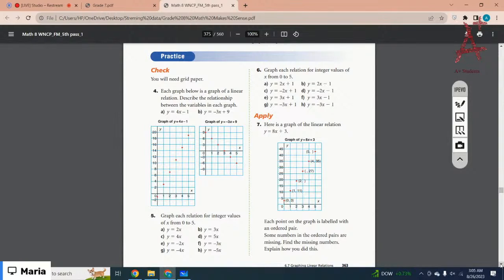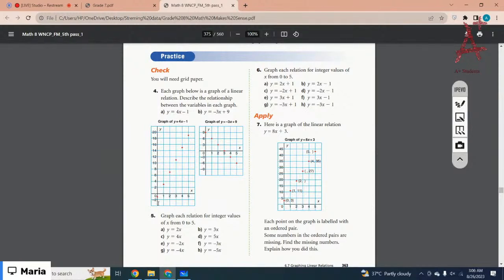Y equals 4x minus 1. So you are given the graph of both the relations. You just have to explain. Okay, the A is y equals 4x minus 1, right? The relationship between x and y values is y equals 4x minus 1.